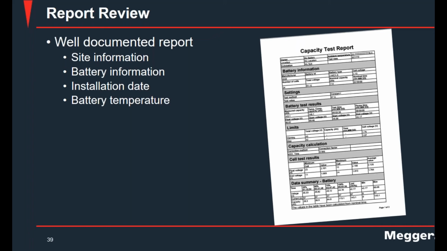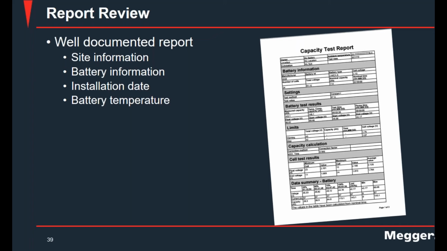And then the installation date is critical to know if the result that we are getting is in line with the life of the battery. If we have a 5-year-old battery and we are just getting an 82% capacity, well, that is not good. So you want to know the installation date to be able to assess the result.